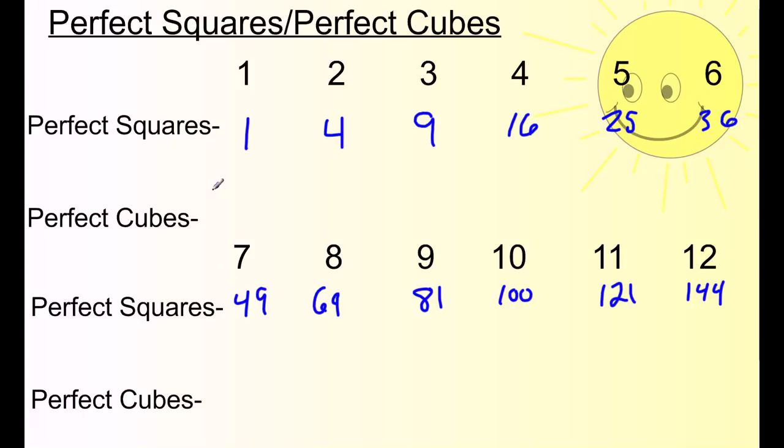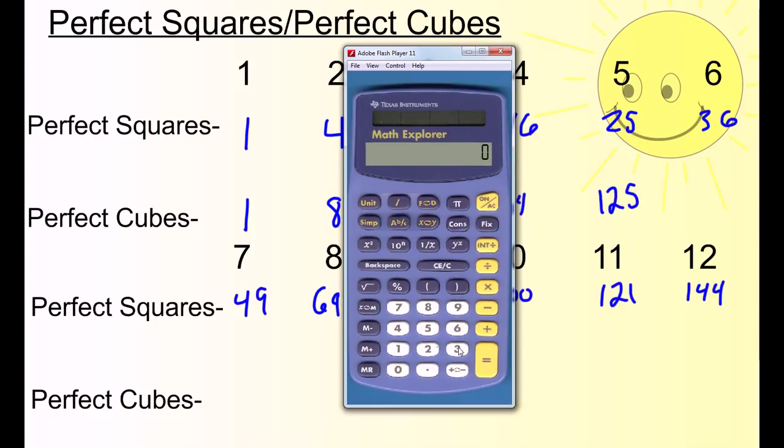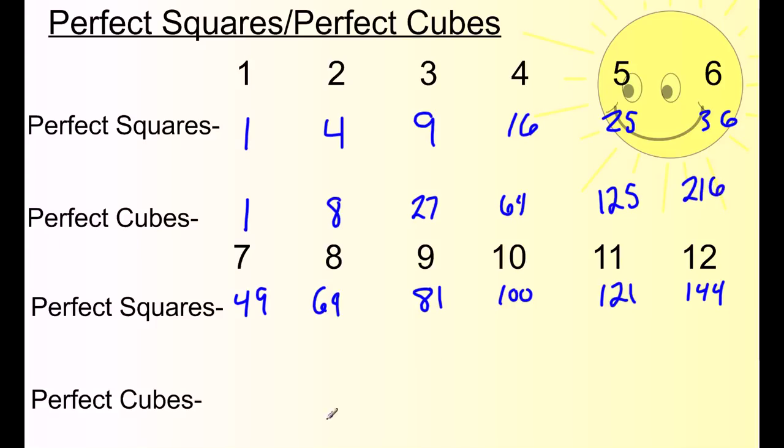So this is going to be 1 times 1 times 1. 2 times 2 times 2. 3 times 3 times 3. 4 times 4 times 4. 5 times 5 times 5. 6 times 6 times 6, which I don't know off the top of my head. Do 6 times 6 times 6. 216.